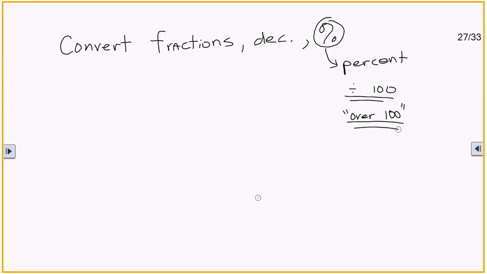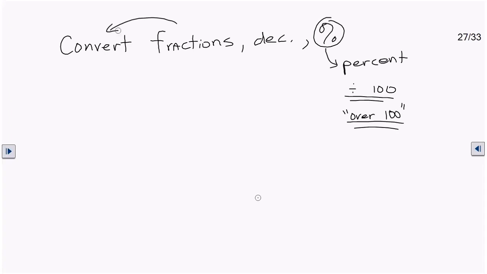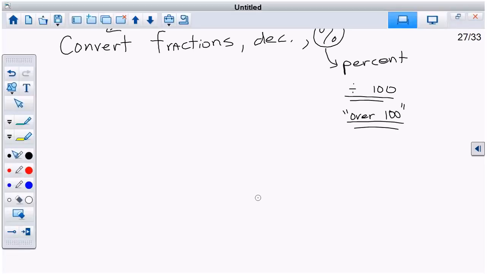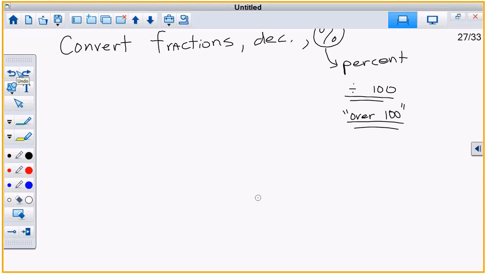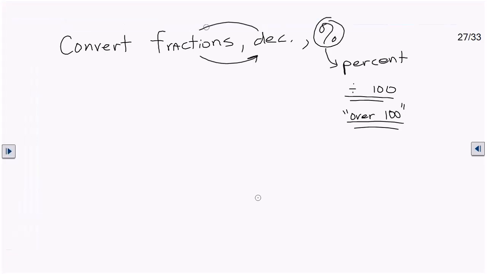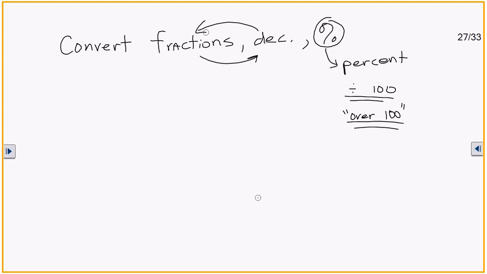Okay? So let me just go ahead and say that right now. And then you can convert from a fraction to a decimal or a decimal to a fraction depending on what you change it into.